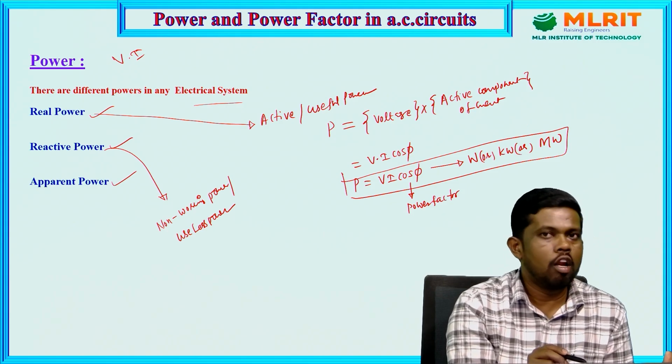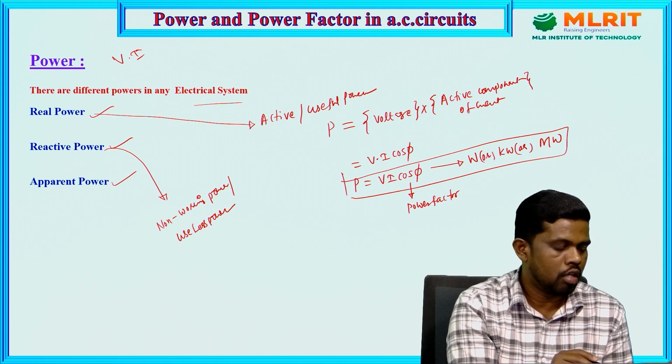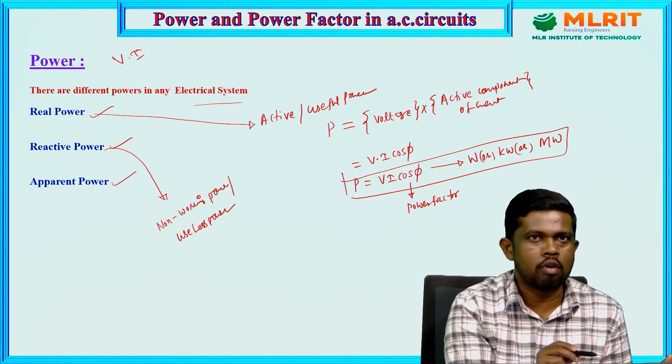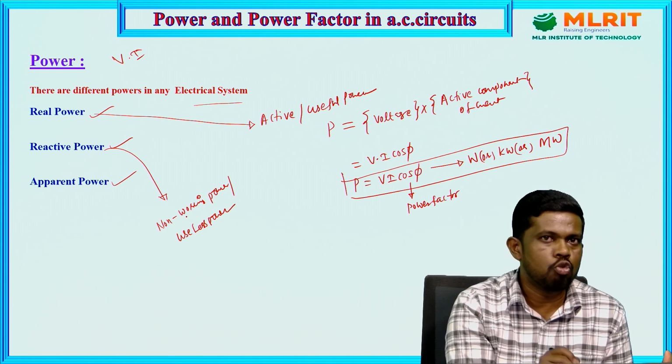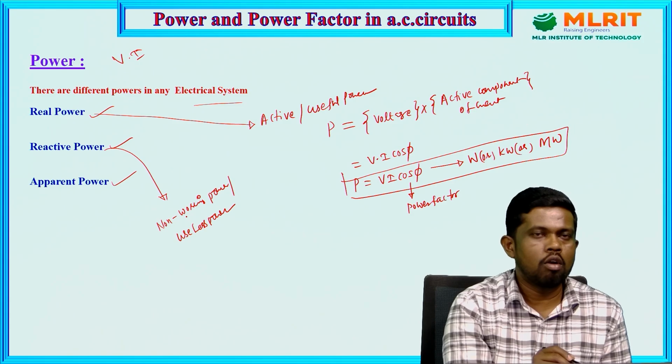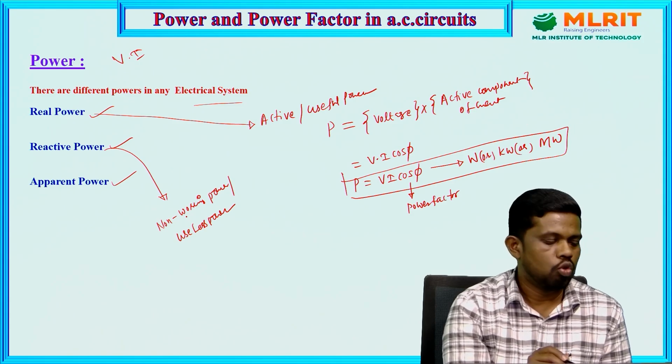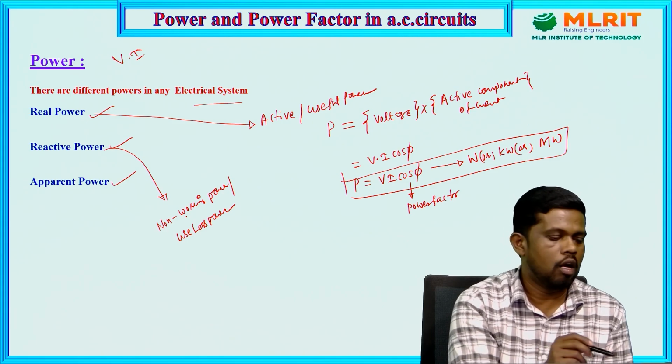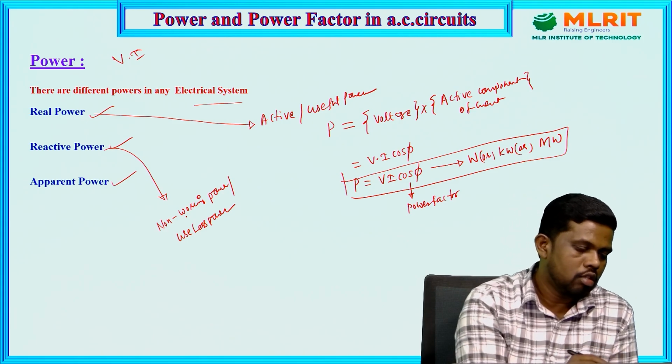The remaining elements don't consume this power or produce any work with the help of reactive power. That's simply called non-working or useless power. Only inductors and capacitors consume this power to produce the required energies, like the electrostatic field and the electromagnetic field. So that is the reactive power.